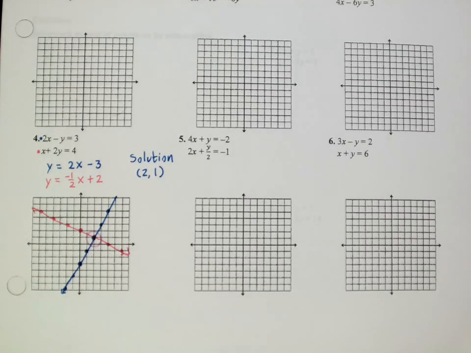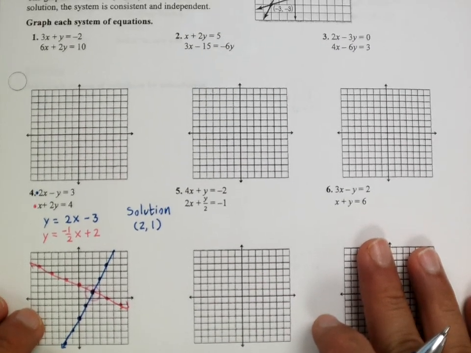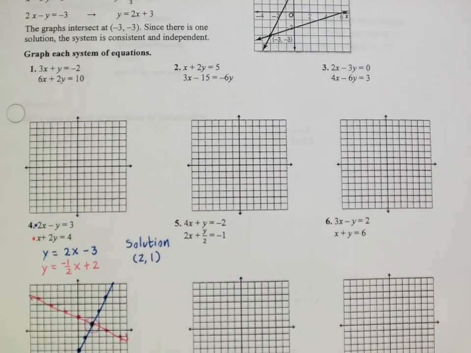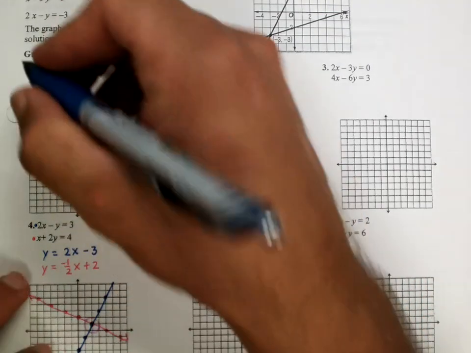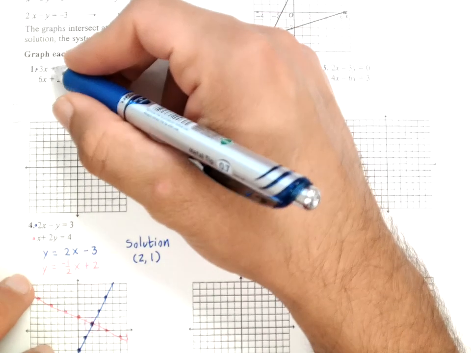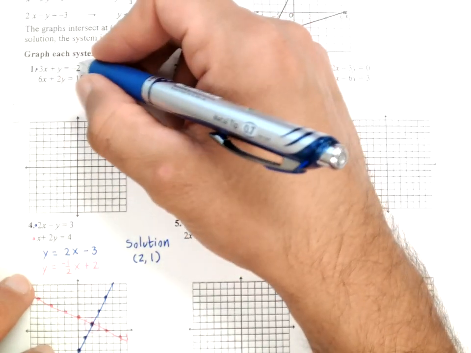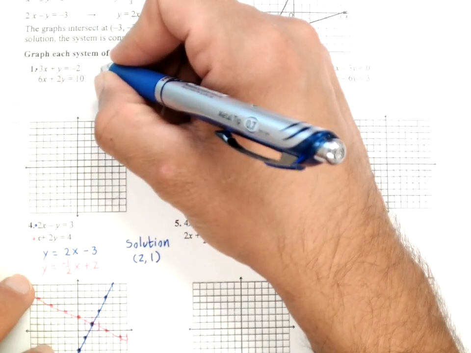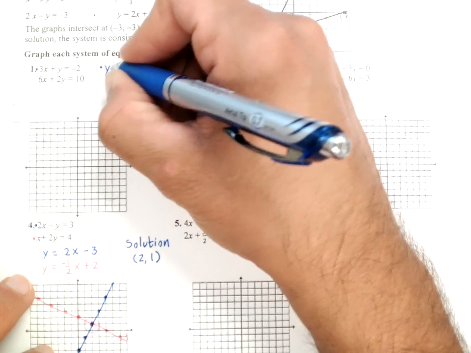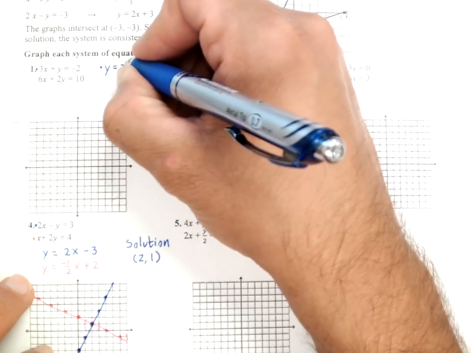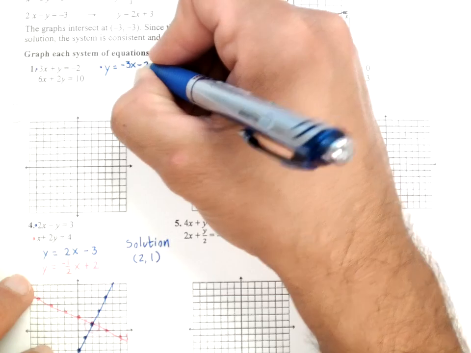Okay. Now we're going to go to a couple of special cases. Let's go back to problem number 1. Again, we're going to solve for y for each one of these. This one's pretty easy. Subtract 3x from both sides, and you get y = -3x - 2.